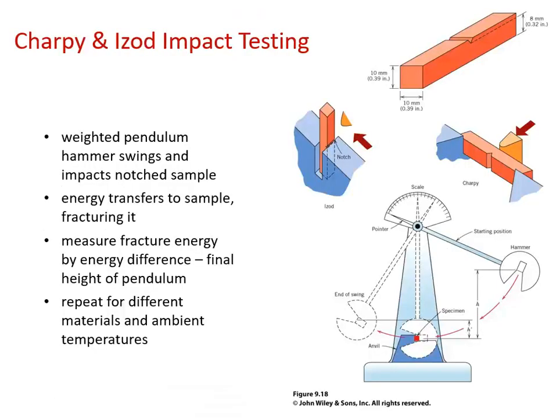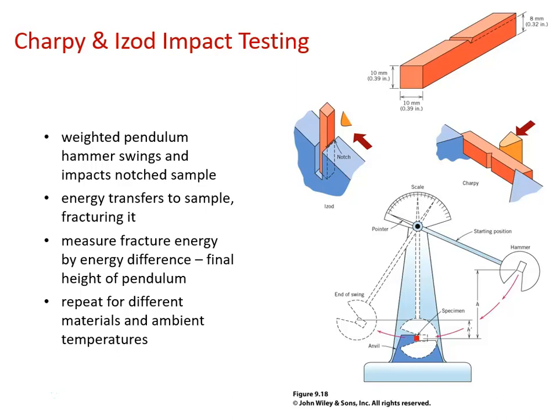So starting with Charpy and Izod impact testing. In these, we just literally use an energy balance. We take a notched sample and we fixture it underneath a weighted pendulum in a special test fixture. The samples are notched to give a stress concentration factor. We elevate the weighted pendulum to a certain height, release it, let it swing under gravity.